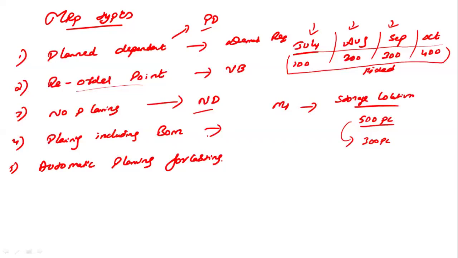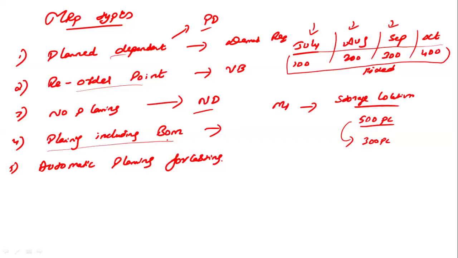When you run a regular MRP of reorder based planning or plan independent, the MRP runs only for the finished product. MRP will not run for the components. So if you need to run the MRP for the finished product as well as the components, then you need to use planning including BOM. So when you run the MRP, the planning happens for both the finished product and the components under it.